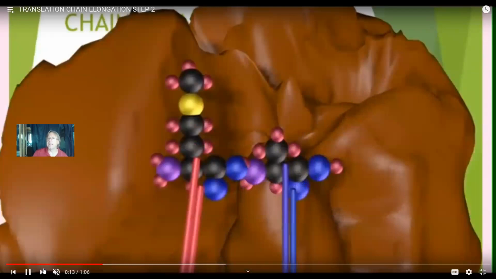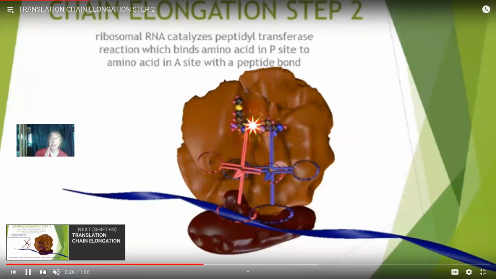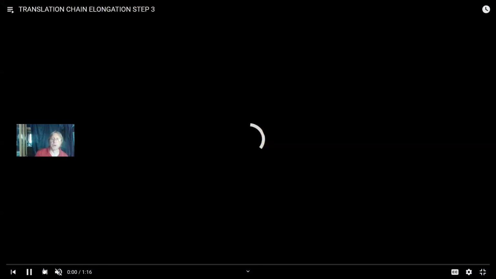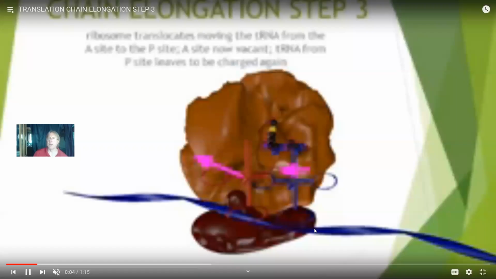And then the process will repeat itself over and over until a protein is made, where more and more amino acids are added, but not in a random fashion. Amino acids are added in the precise order that the DNA nucleotides prescribed, and then the DNA nucleotide order was copied into an RNA nucleotide order. So those processes that I just described, they will continue until you get to a codon of the mRNA, which doesn't have a corresponding amino acid.